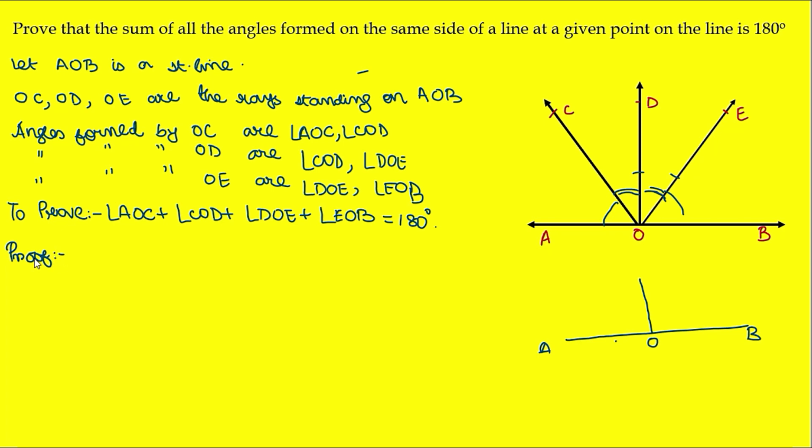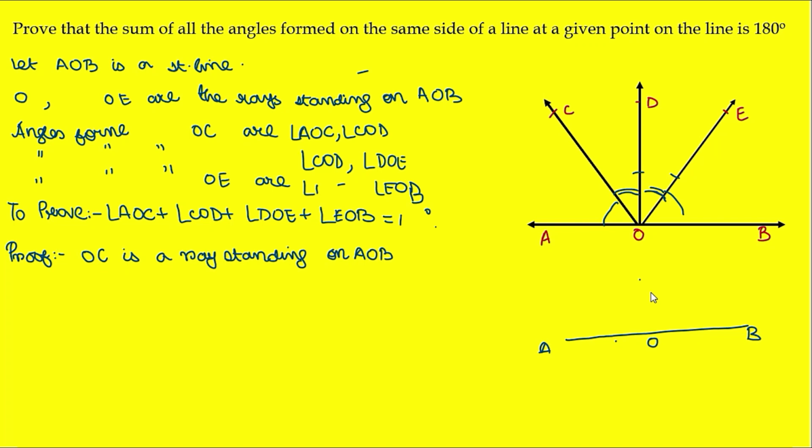In the proof, let us say that OC is a ray standing on AOB. Suppose OC is a ray; we are forgetting all the other rays and will just concentrate on OC.